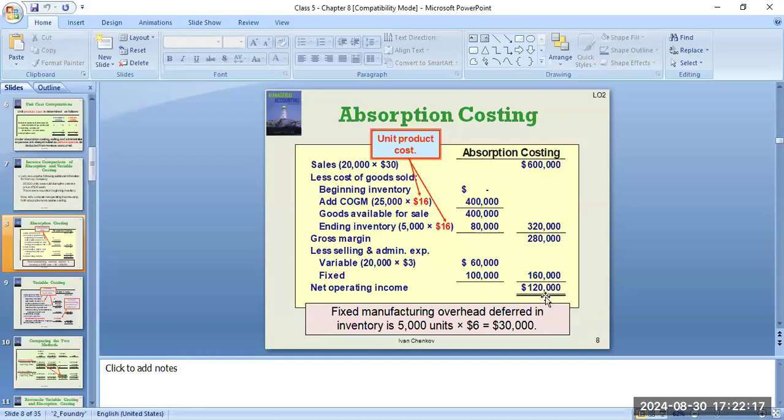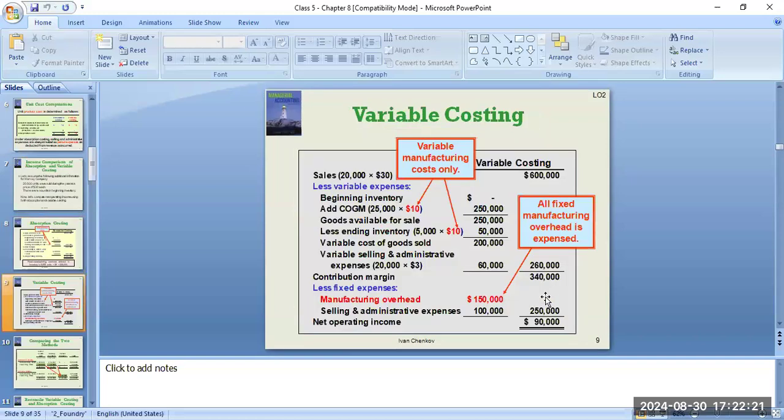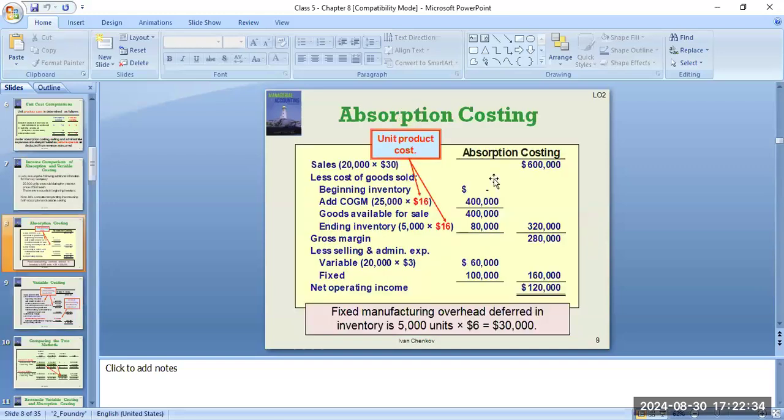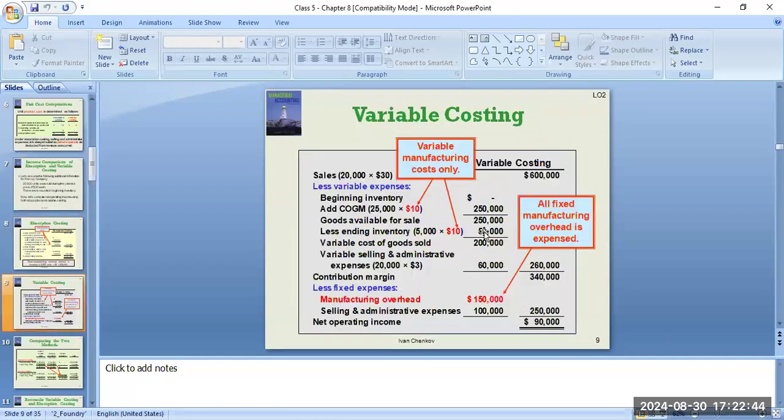which is exactly $30,000 less than absorption costing. Why is that? That is because the inventory we're holding is $30,000 cheaper under variable than absorption. As you can see, those 5,000 units in inventory are worth $80,000 under absorption, whereas under variable they are worth only $50,000. That's a $30,000 difference.